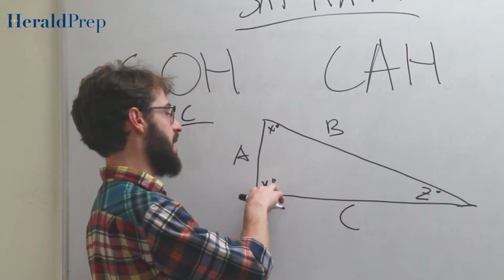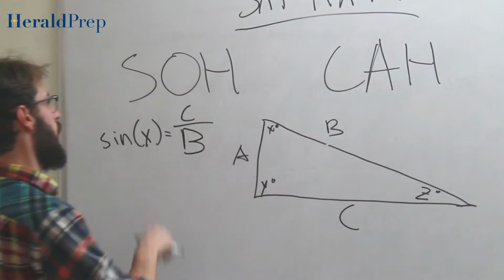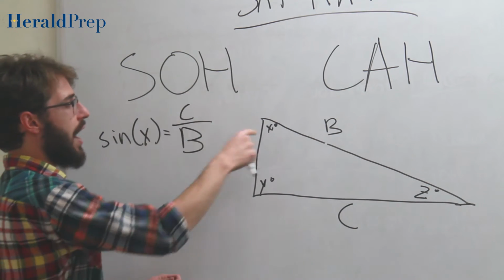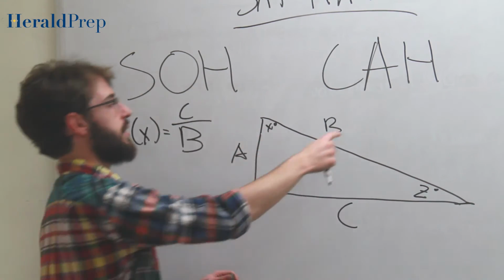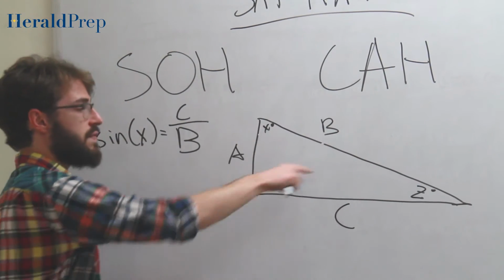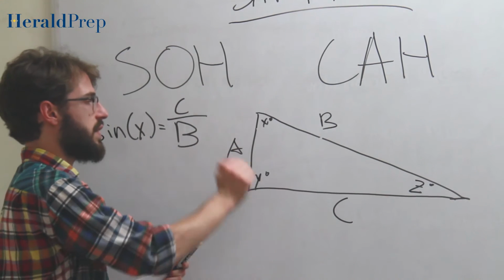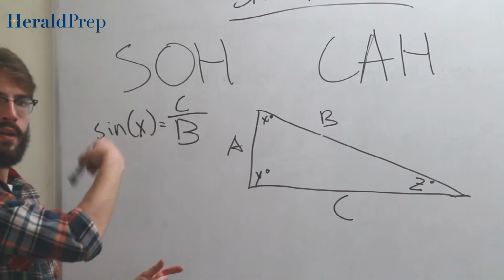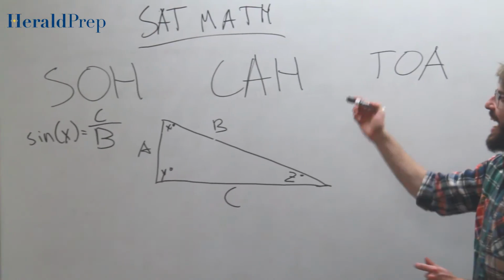It's opposite our angle Y here, which gives us B. So this represents sine, so, S-O-H, sine of X is opposite C over hypotenuse B. We could find sine of any of these angles, and we would get different relationships of side lengths A, B, and C.